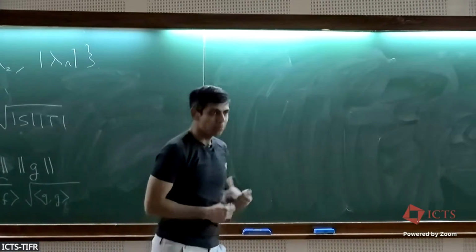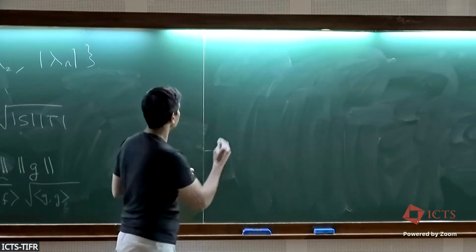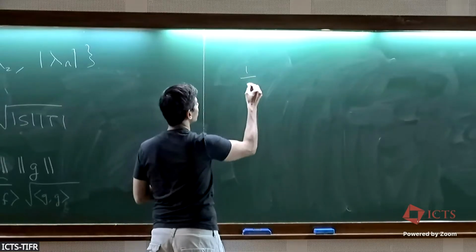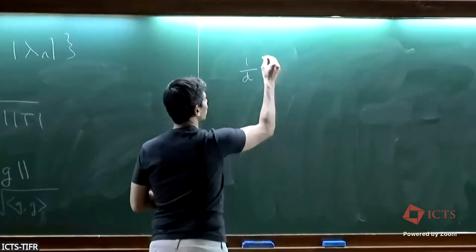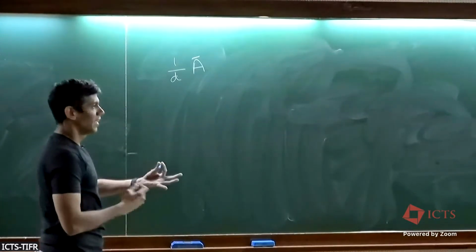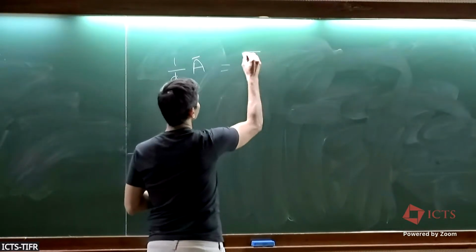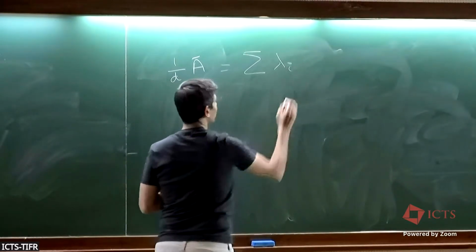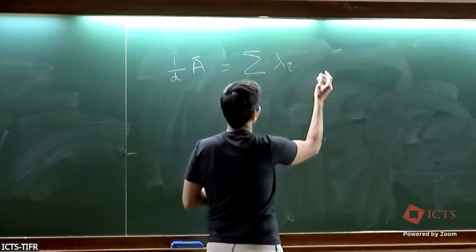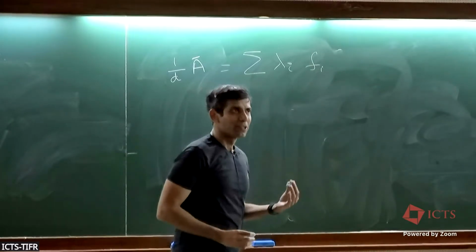Okay, so we said any symmetric matrix, in particular A bar, has a decomposition in terms of its eigenvalues and eigenvectors. Let's call the eigenvectors Fi's.